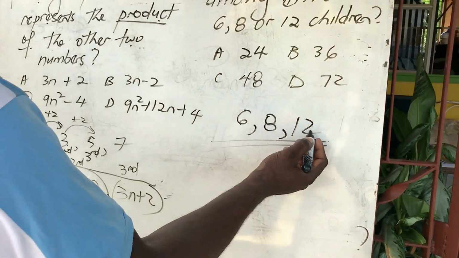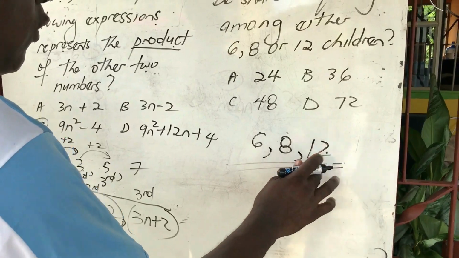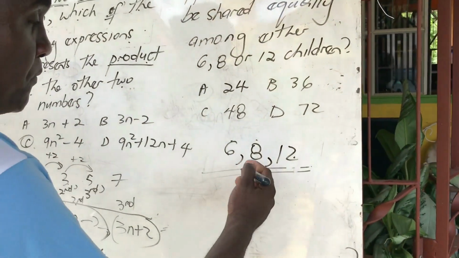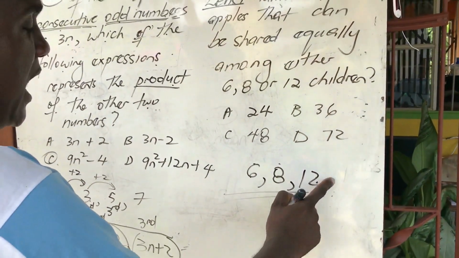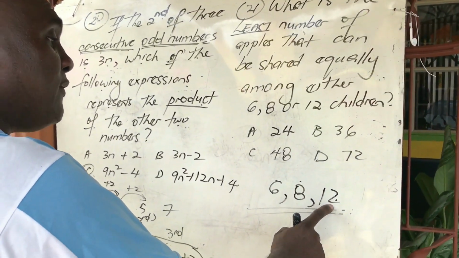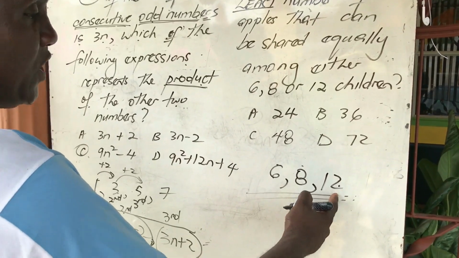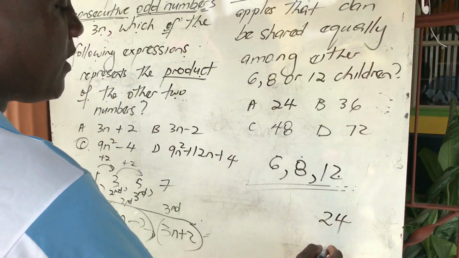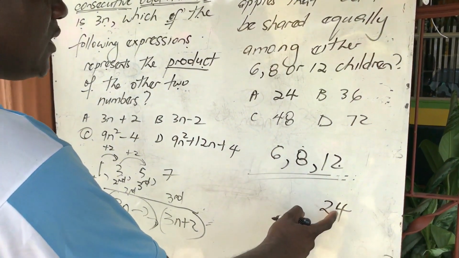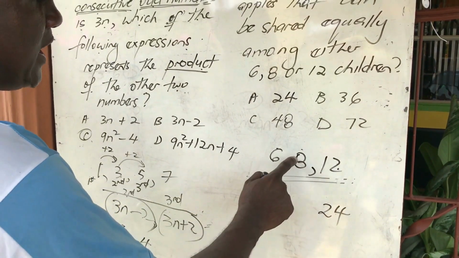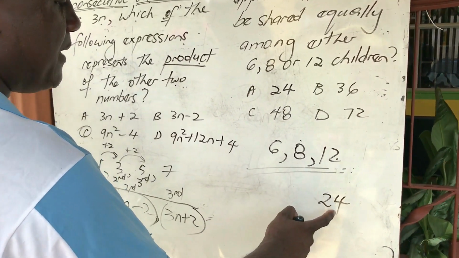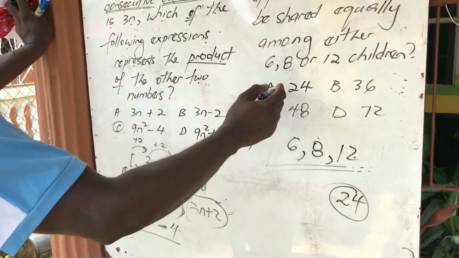Now 6 can go into 12 exactly, but 8 cannot. Now how do we find the LCM then? The LCM must be a multiple of 12. It isn't 12, but it must be a multiple of 12. So what we can do is to double 12, which is our second multiple, that gives us 24. Then we check, can 6 go into 24 exactly? Yes, 4 times. Can 8 go into 24 exactly? Yes, 3 times. So hence 24 is our LCM.